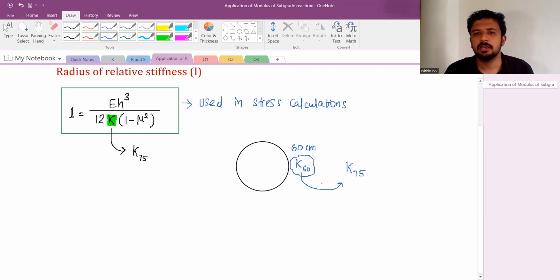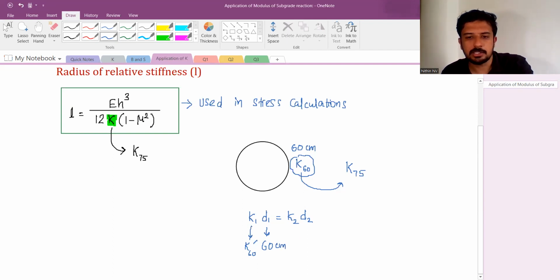And what is that correction? That is very simple. We can just remember the formula: K1 D1 is equal to K2 D2. Which means if we have a diameter D1, according to the example it is 60 centimeter, and let's say you got some value K1, I can just keep it as K60.